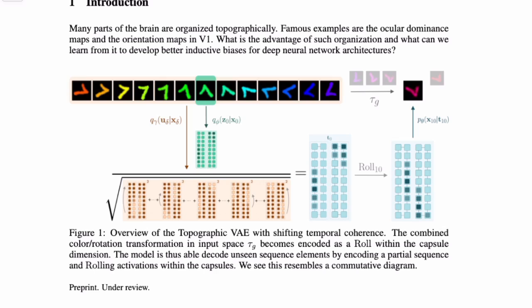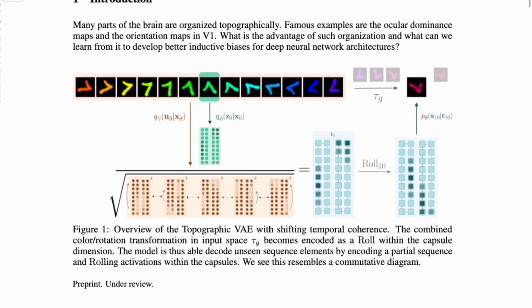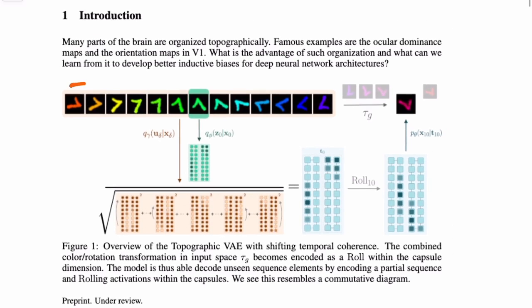So we assume that the transitions inside the video are continuous, sort of monotonic, and slow. Here you can see the 7 rotates slowly and also changes its color slowly, relatively monotonously over this sequence. So our model is going to take this entire sequence.